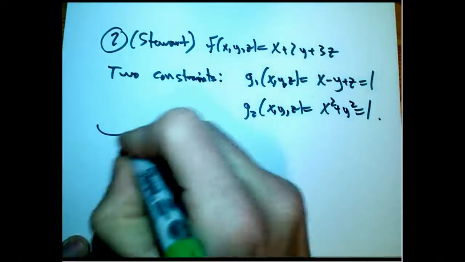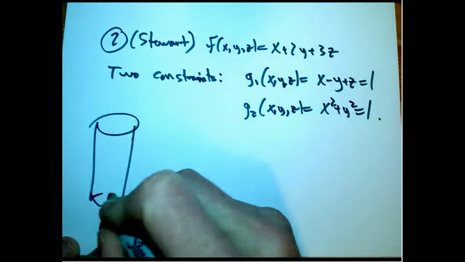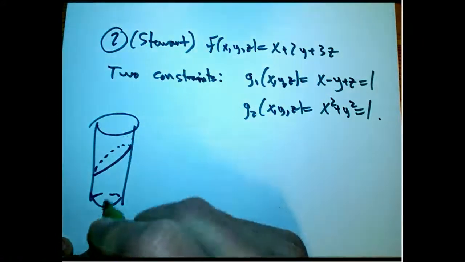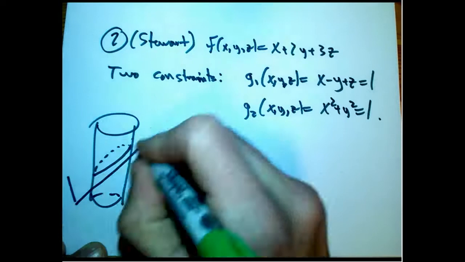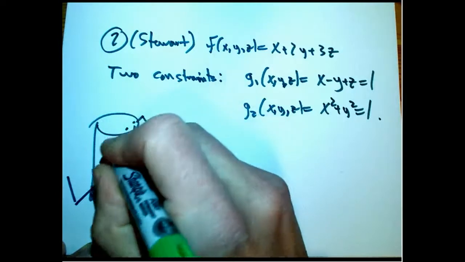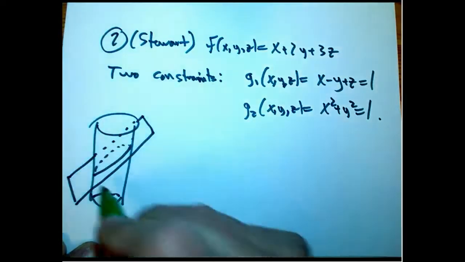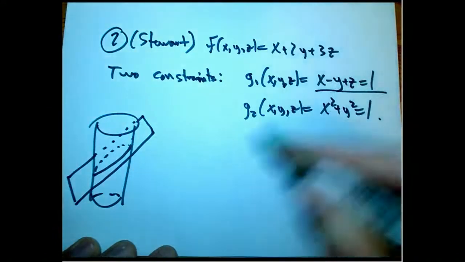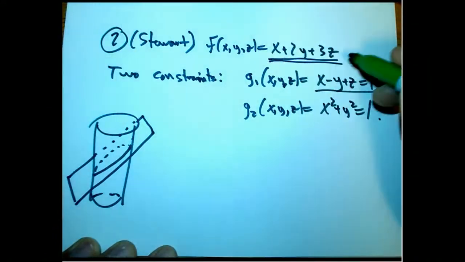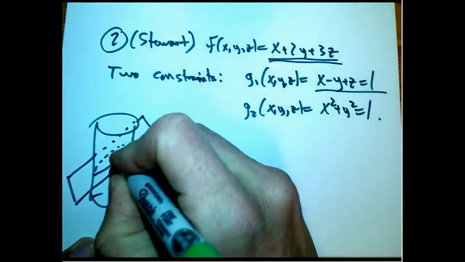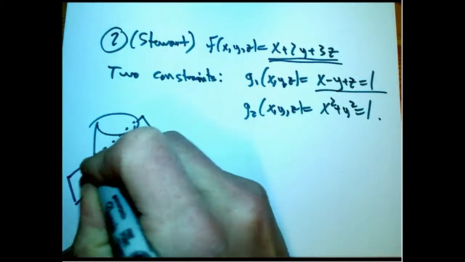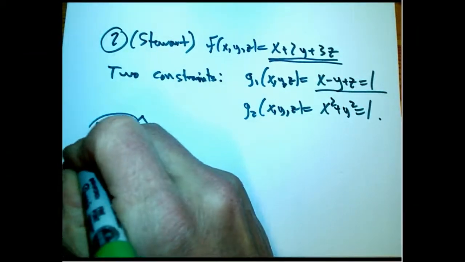Okay, so let's draw that. Here's the cylinder, and then the plane intersects it. It's not too hard to show, but we don't have to show it in this case, which is nice, that it intersects this plane in an ellipse. And we want to know where this function is maximized or minimized. So there's going to be some point, maybe over here, where it's max, over here, where it's min.